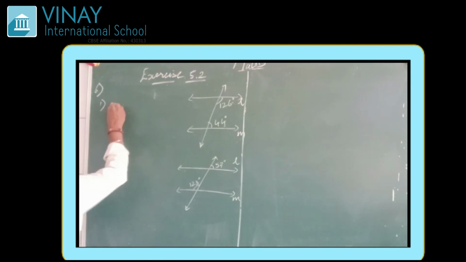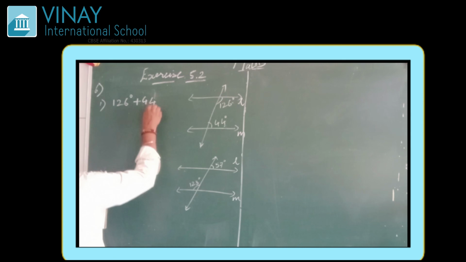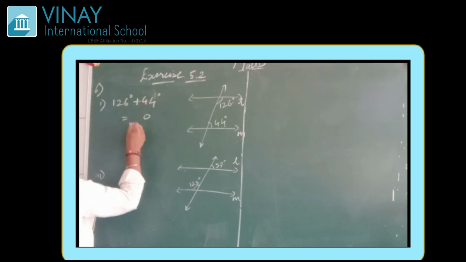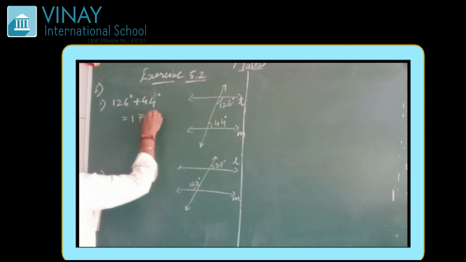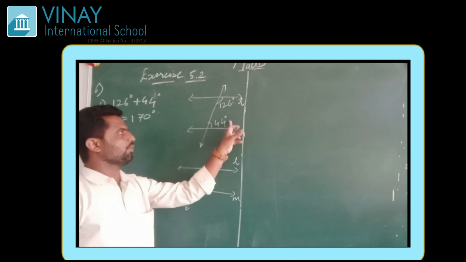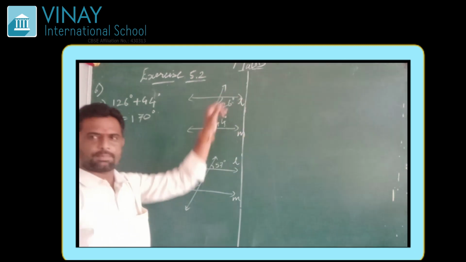Let us check. 126 degrees plus 44 degrees is equal to 170 degrees. It means they are not supplementary.